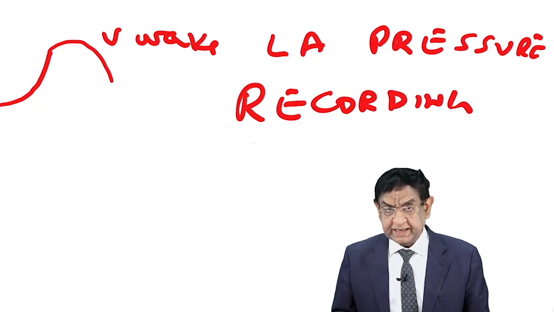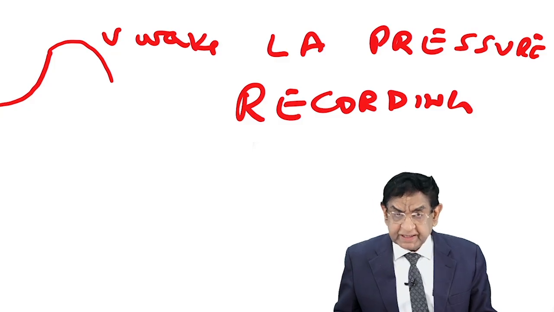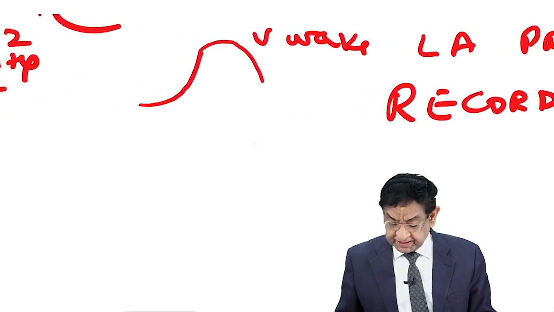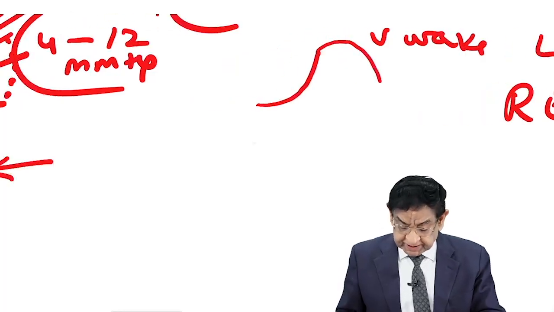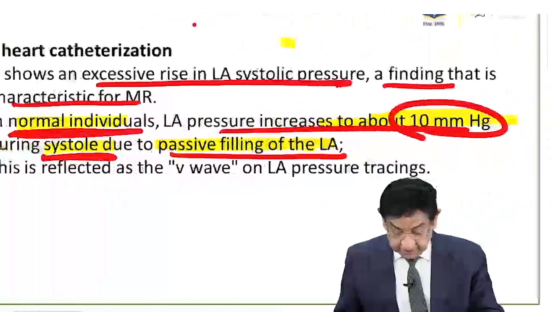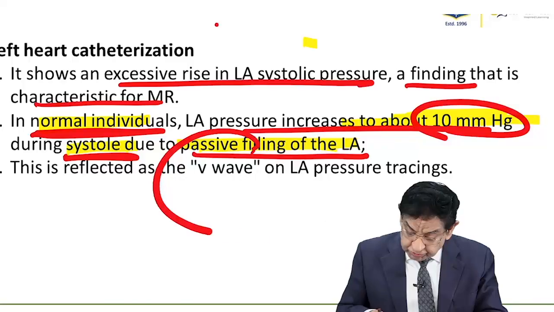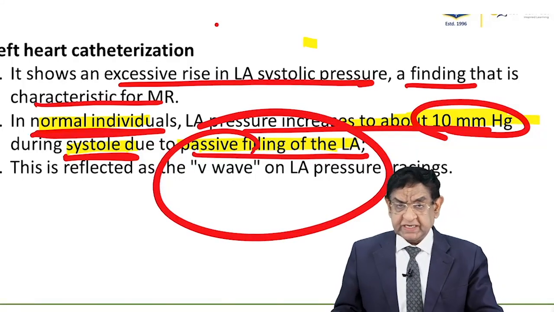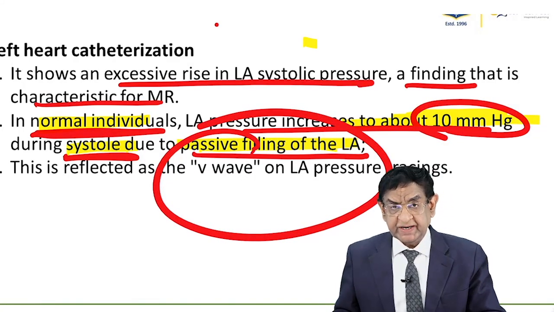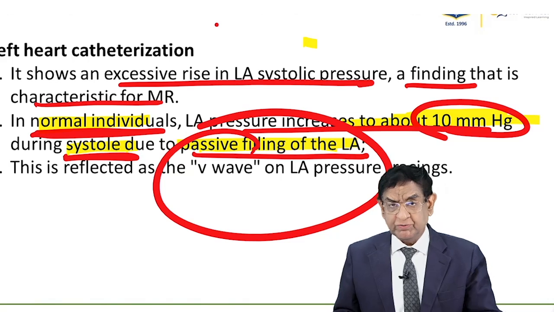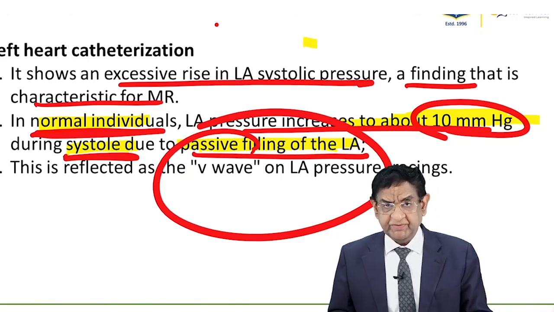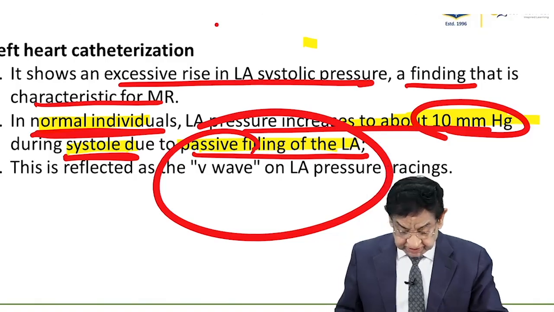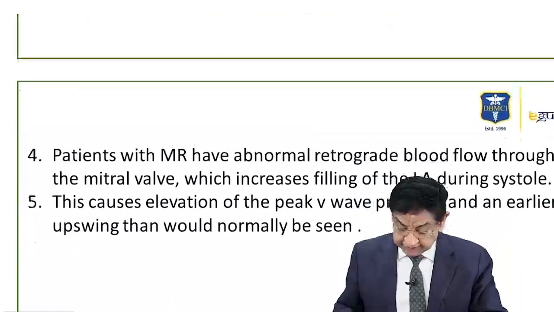So we are getting a V wave in the left atrial pressure during ventricular systole or atrial diastole. The thing remains the same. Most of you are hearing for the first time today that there is a V wave in left atria also, although we have been reading V wave in JVP, but we have a V wave in LA also. With this background, we move further.